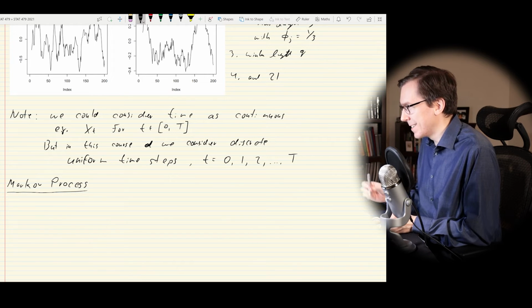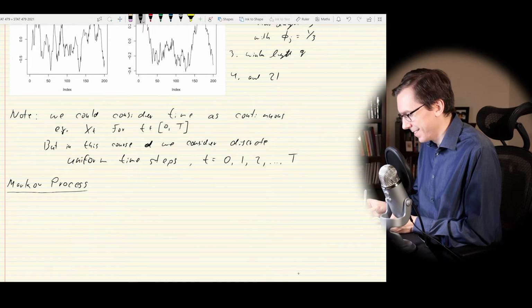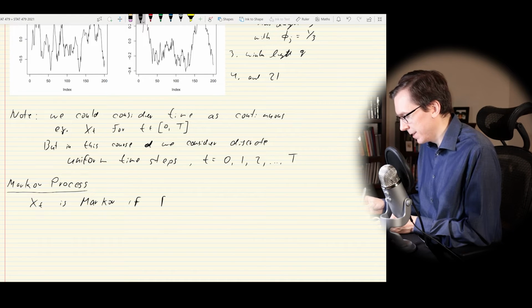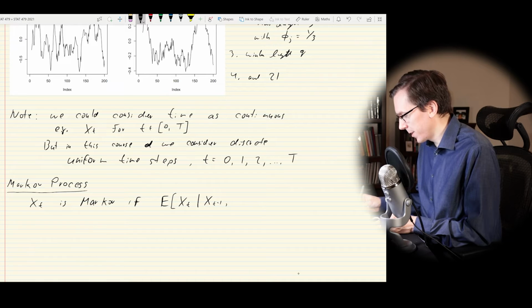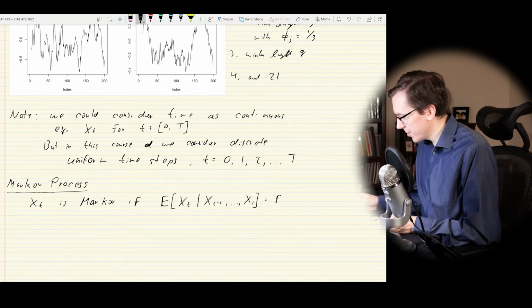Cutting to the end, we'll basically say xt is Markov if the expected value at time t, given all of the past measurements, and we'll start this at time 1, is going to be equal to the expected value given just the previous time measurement.